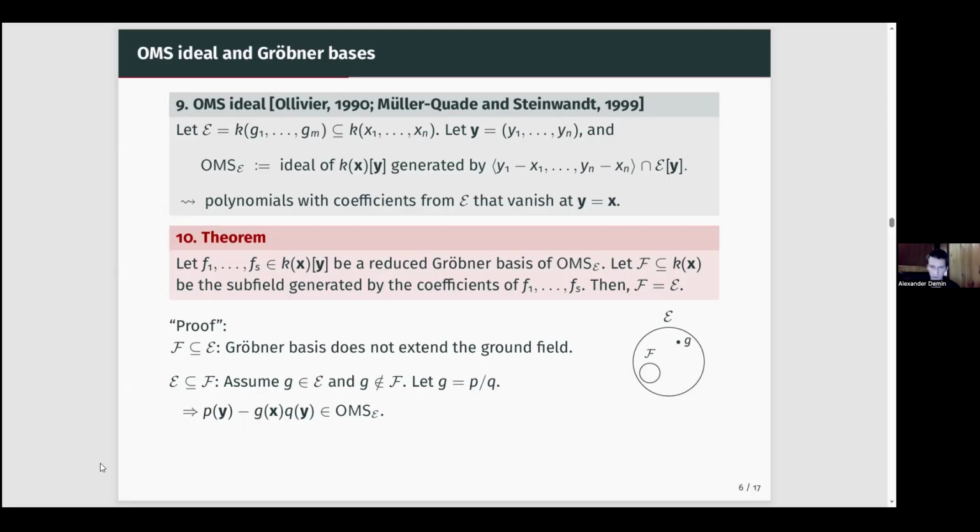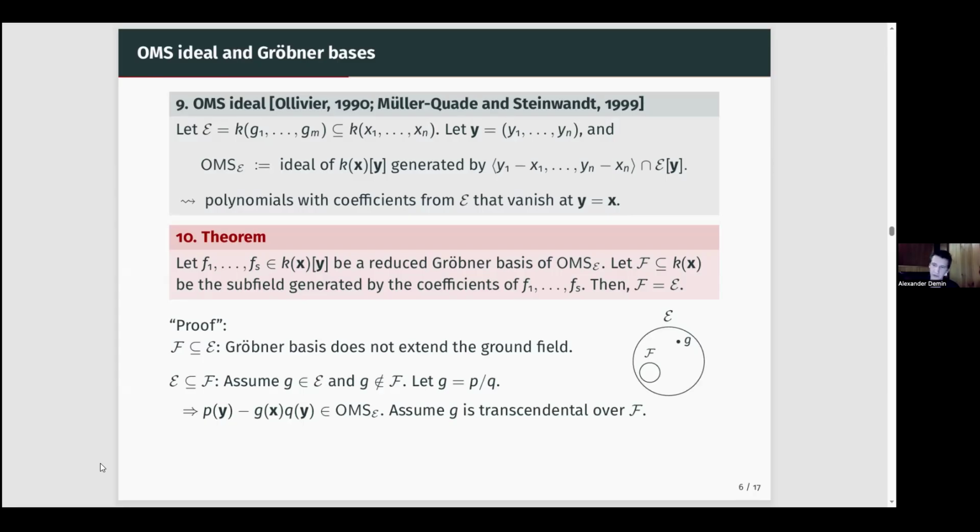Now, the following polynomial belongs to the OMS ideal. Roughly speaking, it vanishes at y equals x, and also its coefficient g belongs to our original field. Here is why I write proof in quotation marks. Let's assume in this proof that g is transcendental.